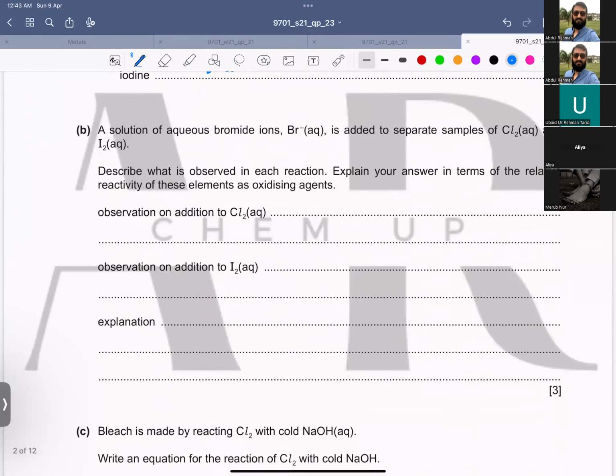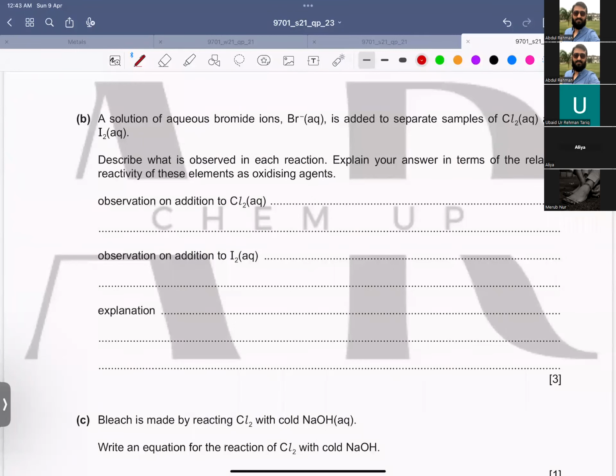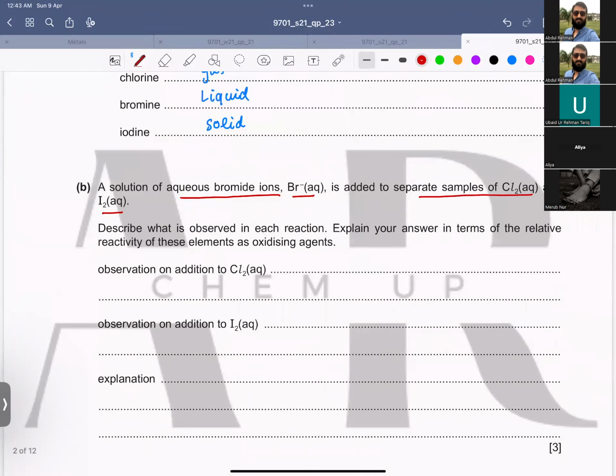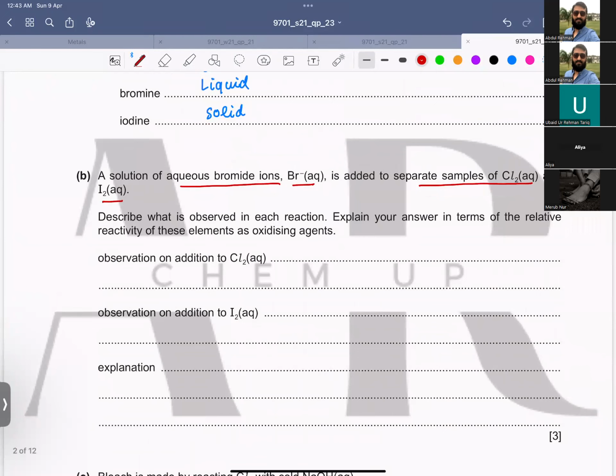Okay, now next part. A solution of aqueous bromide ions is added to a separate sample of chlorine and iodine. So they are saying that in one experiment, aqueous bromide is added to chlorine, and in another separate experiment, aqueous bromide is added to iodine.